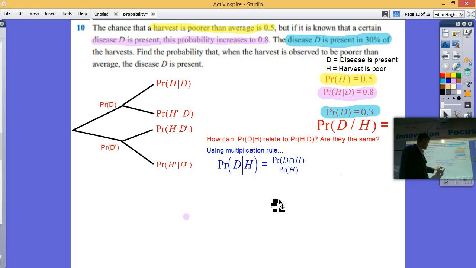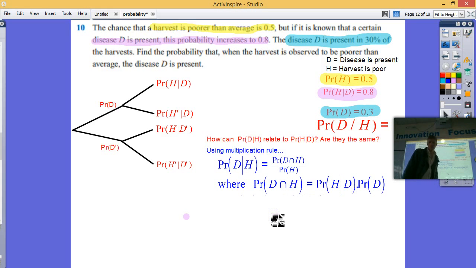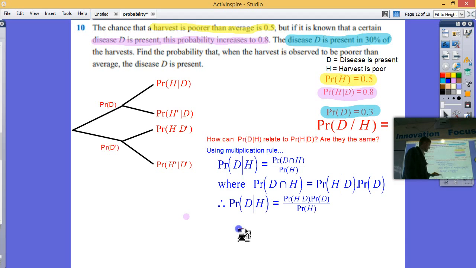Now I can see that my intersection, D intersect H, I can also write it in this manner, just by reversing the order of my event that's given, and now multiply by probability of D, for when the condition is dependent on whether we have a poor harvest or not. And I can put it all together in one expression. Now I've got all parts available in the given information and I can get a result.